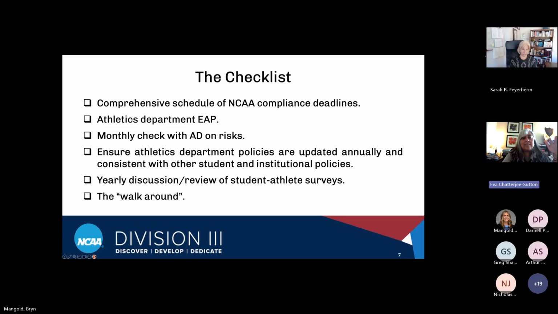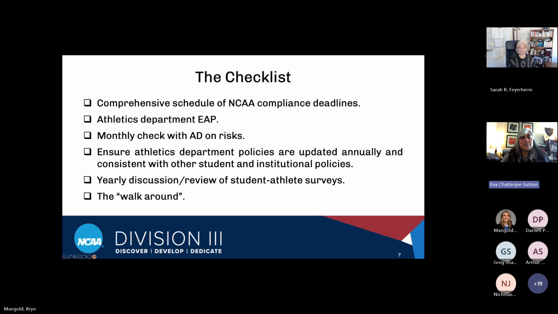And I think the vein of this checklist really speaks to that. Really looking at your emergency action plan for your athletics department, which we talked about earlier, and reviewing that on a regular basis, and using your time with your AD to really think about risk management.